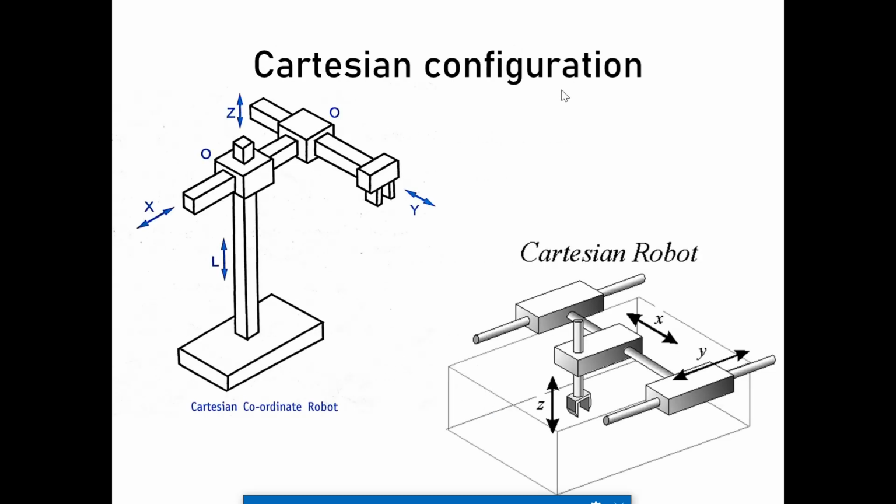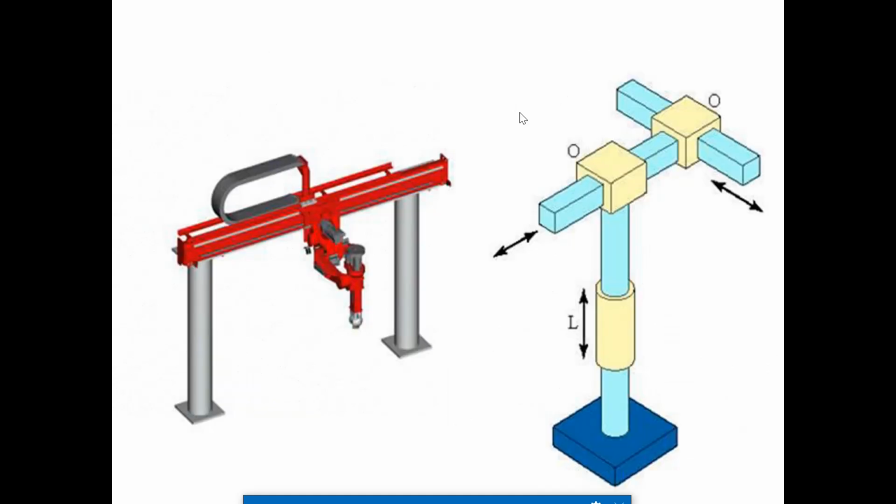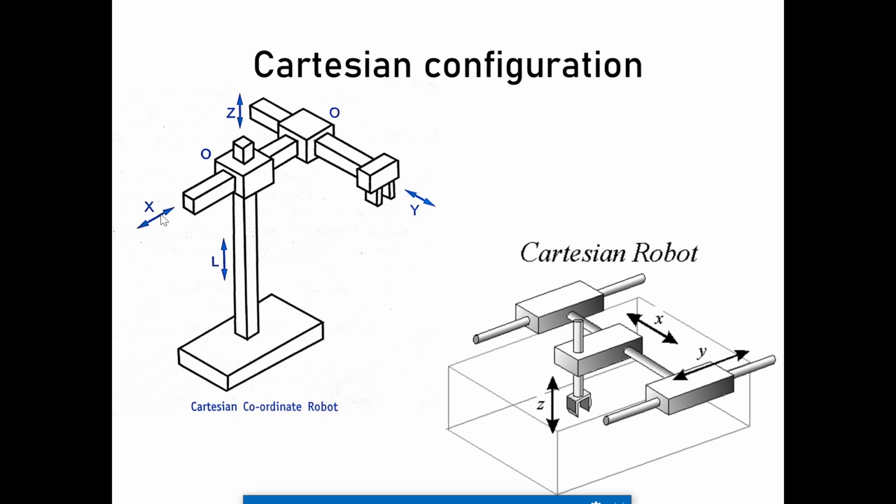First we are going to go for the Cartesian configuration. In Cartesian geometry we have x direction, y direction and z direction. So in the Cartesian configuration, the robot can have movement in x direction, y direction, and z direction.